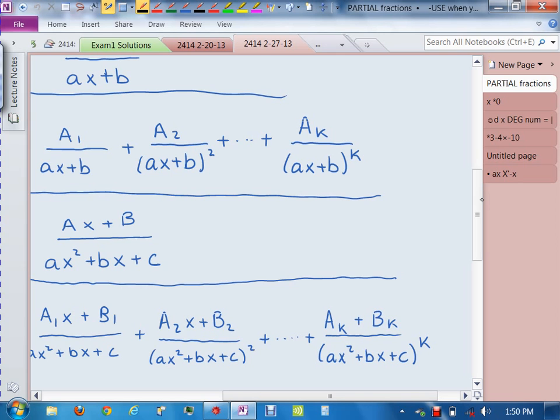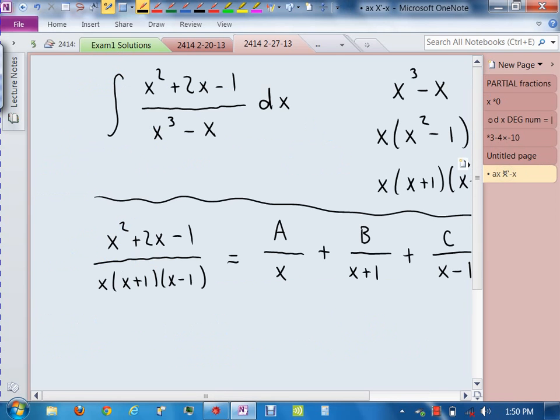We subscript like that in math because you never run out of letters that way, right? I could have done A, B, C, D, but if you have more than 26 of anything, how are you going to represent it with letters, right? So subscripting like that allows you to go as far as you ever need to go. Just FYI. Okay, so back to this guy.